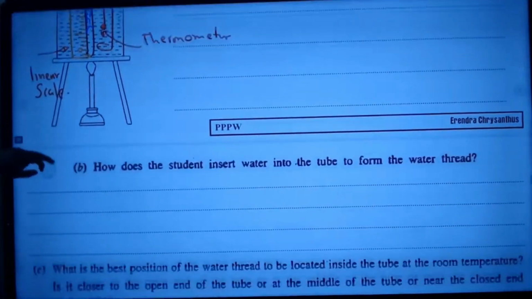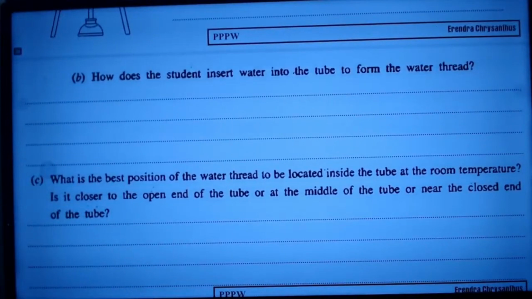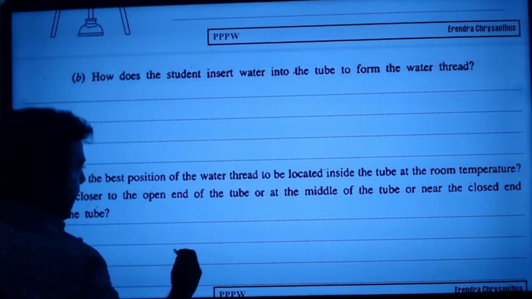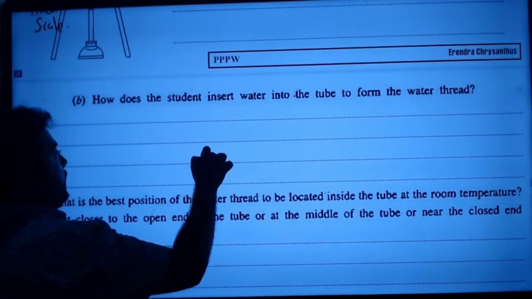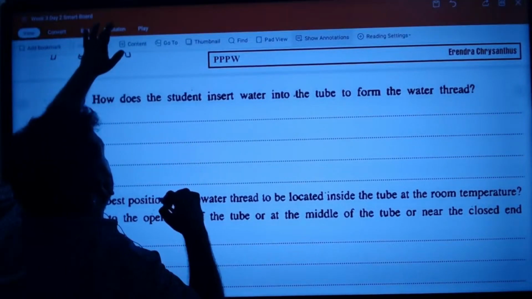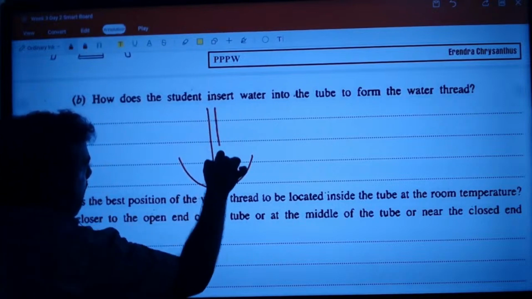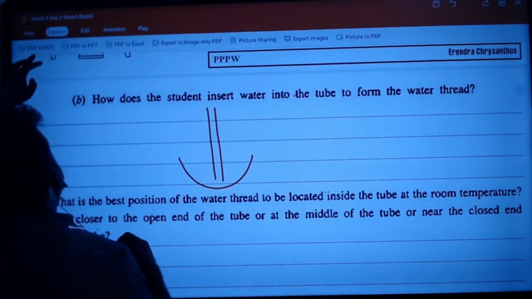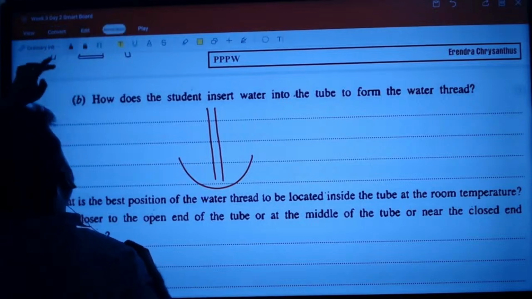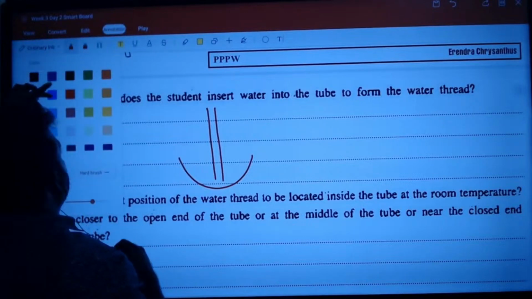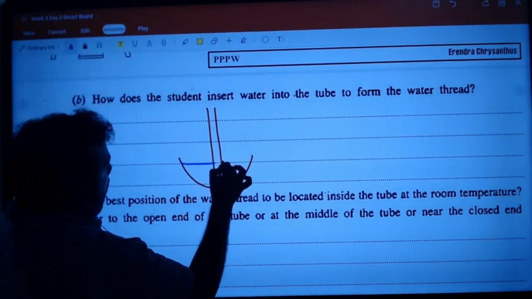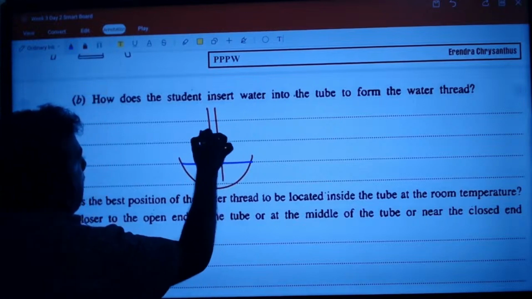Okay. How does the student insert water into the tube in the form of a water thread? Same as you insert mercury. What do you do in mercury? Can you remember? Insert the tube into water. There you go. Insert the tube into water and heat around it.